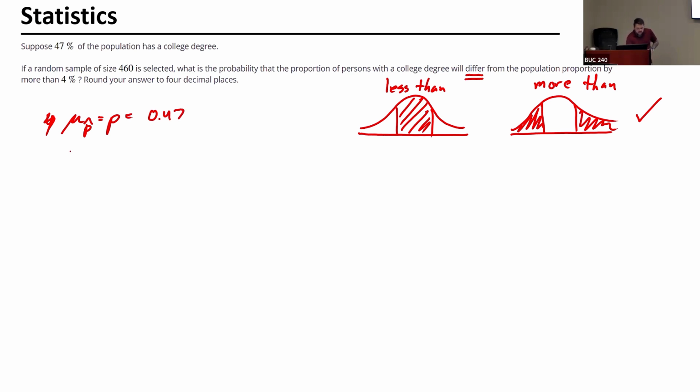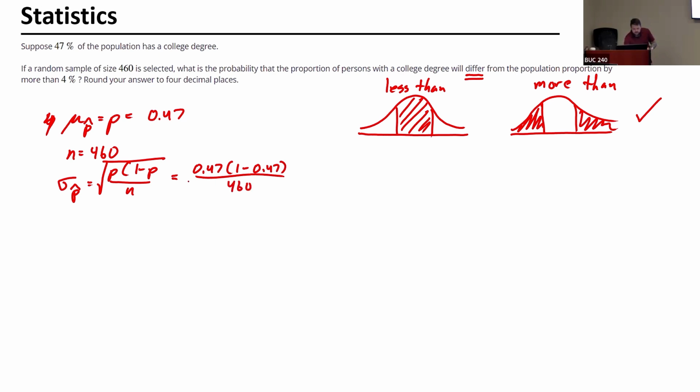What is our N that we're looking for? 460, very good. Then we've got to find that standard deviation, which means I'm going to have to use the square root of P(1 minus P) all divided by N, so we need to be very careful with our calculator work, correct? Start putting in all the information: 0.47, 1 minus 0.47, all divided by 460.